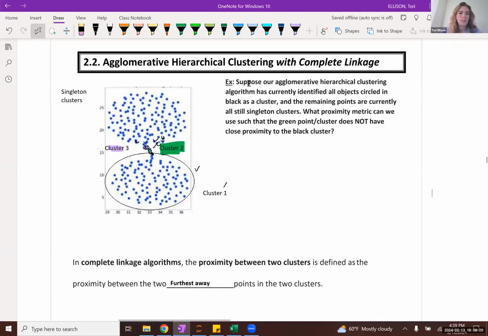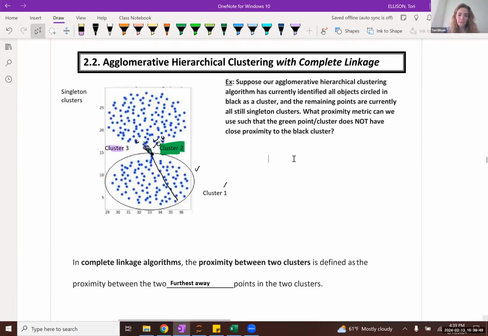If we define cluster proximity this way, then the distance between cluster 2 and cluster 1 is going to be something like this. They're very far away, the two furthest away points. On the other hand, the distance between cluster 2 and cluster 3 is still just those 2 points by themselves, since the two furthest away points in those two singleton clusters are simply those 2 points themselves.